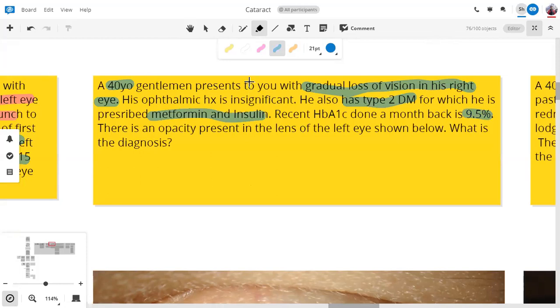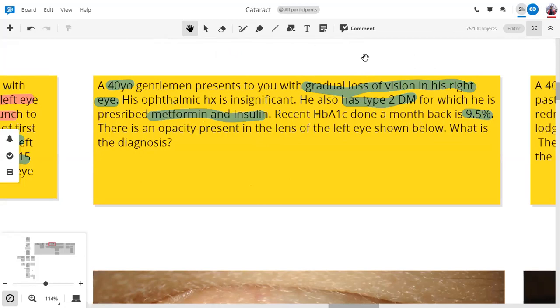So there's an opacity present in the lens of the eye shown below. What is the diagnosis? From this scenario, we can conclude that this gentleman's age is a little less for the development of a senile cataract. He presents with the prime symptom of cataract, and on examination, the presence of a cataract.